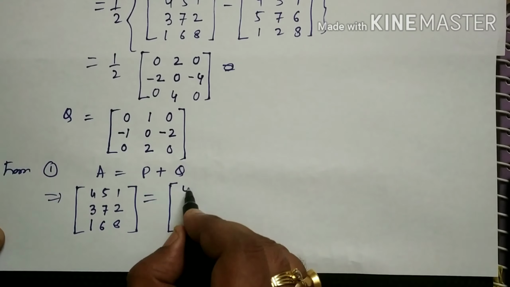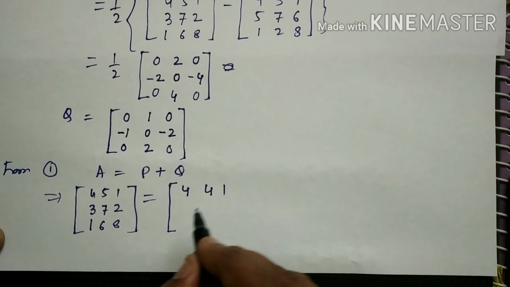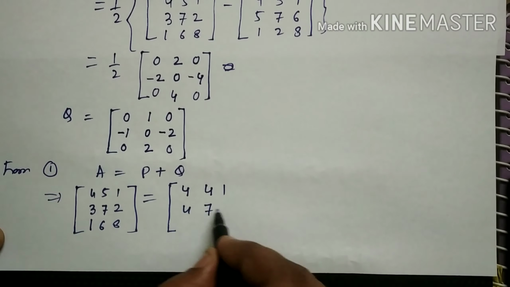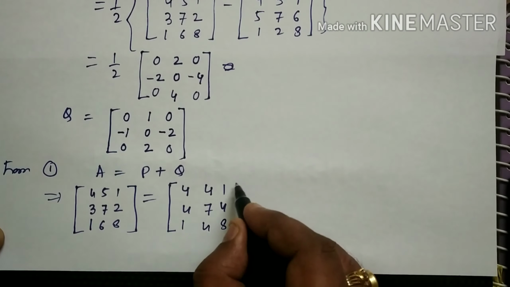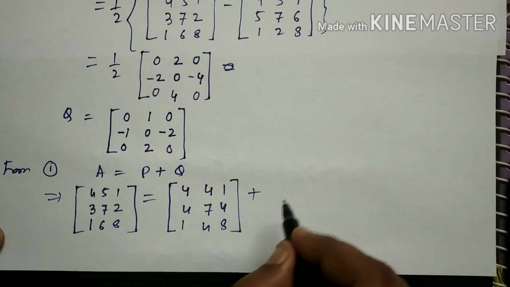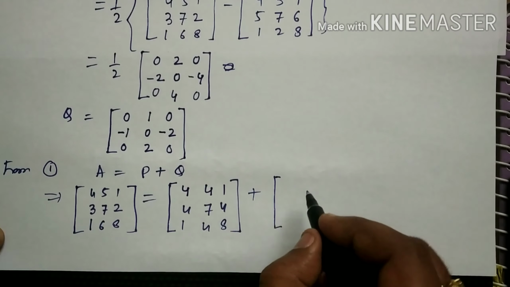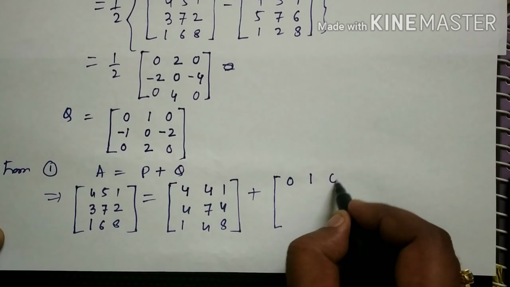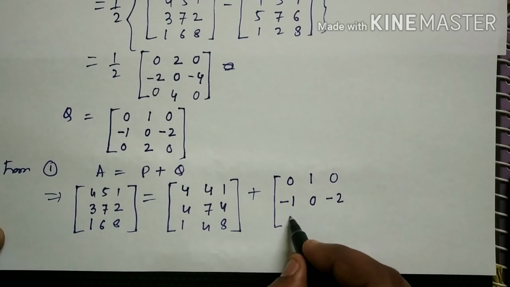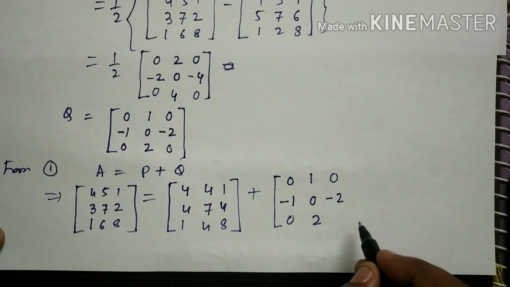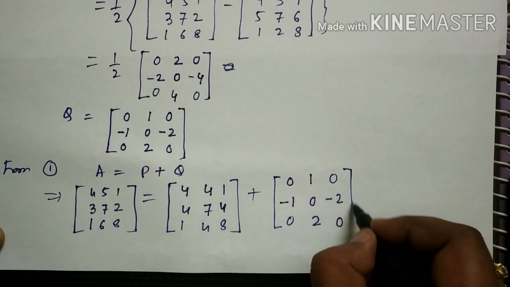P is equal to [4 4 1; 4 7 4; 1 4 8]. What is Q? That is [0 1 0; -1 0 -2; 0 2 0].